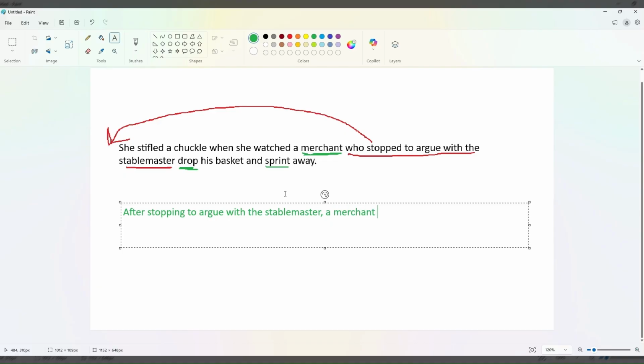A merchant also dropped his basket and sprinted away, making her stifle a chuckle.